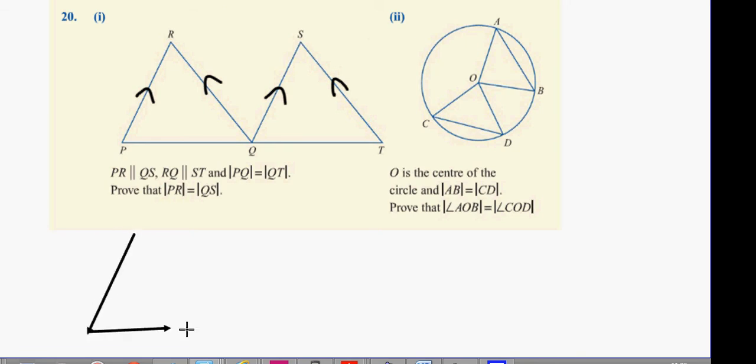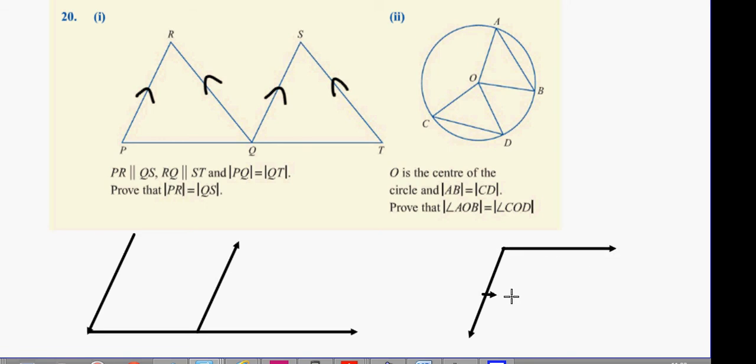What letter is a corresponding angle usually? It's like an F with a continuation on top. So what usually happens with corresponding angles is this one equals this one, that one there equals that one there. So by using corresponding angles, which two are the same?